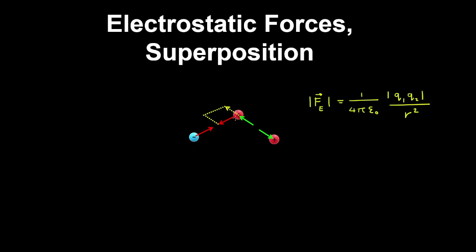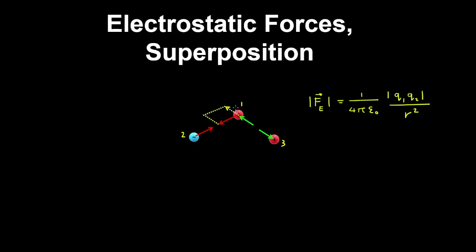Now suppose we have multiple charges that are exerting electrostatic forces on each other. If we label these charges 1, 2, and 3, and without looking at the vector form of the electrostatic force, we know that opposite charges exert attractive forces on each other, and like charges exert repulsive forces on each other.